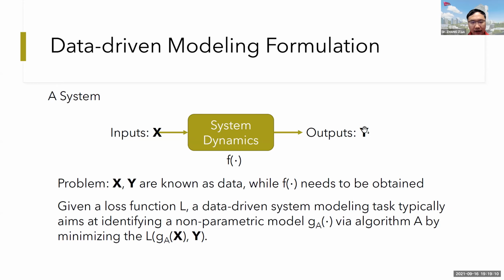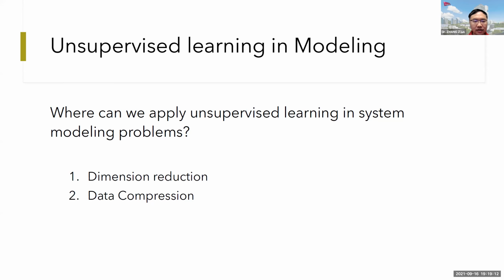Then the problem is not unsupervised; it's a typically supervised learning problem. But that doesn't mean unsupervised learning cannot be applied in such problems. There are some places where we can apply unsupervised learning in system modeling problems, and there are two very meaningful applications. One is dimension reduction, and the other is data compression.